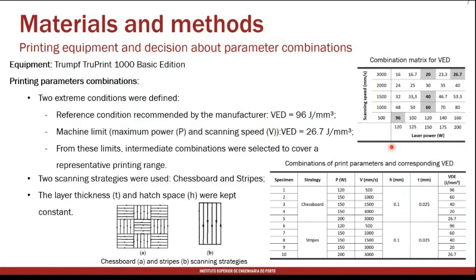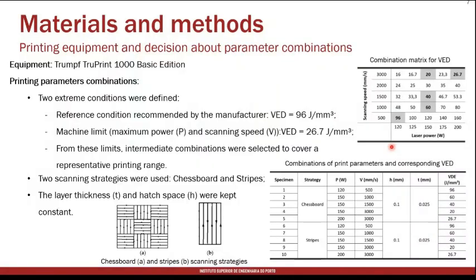Beginning with the experimental part of the work, this work was carried out in a Trumpf TruPrint 1000 basic edition printer. In terms of parameter combination, we considered two extreme conditions.